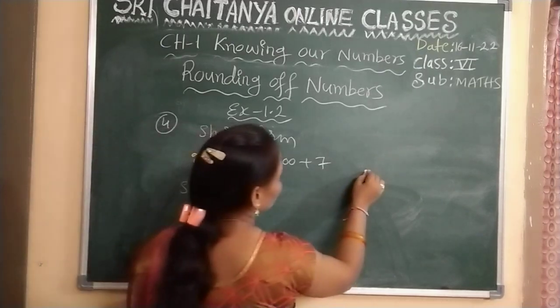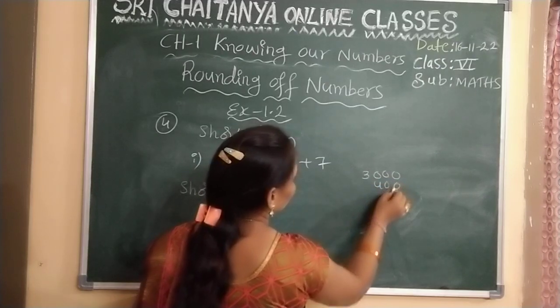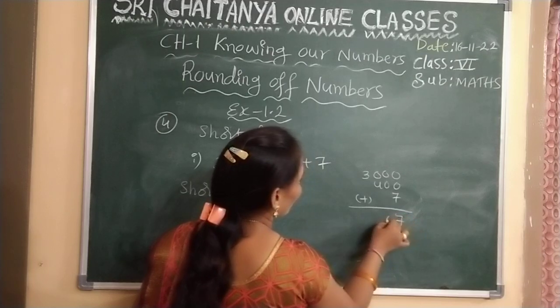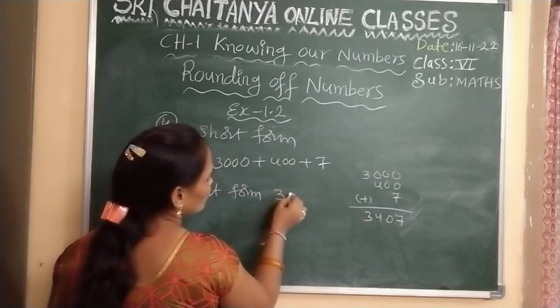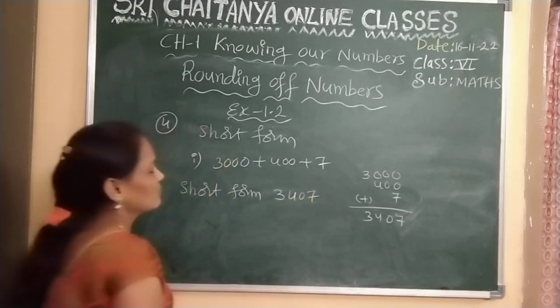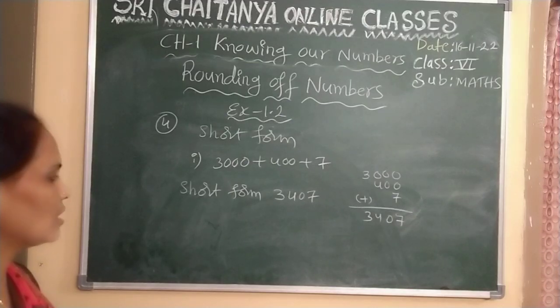Very simple. Whatever the given values, we should add them. By adding we can easily get it. So the short form is 3,407.